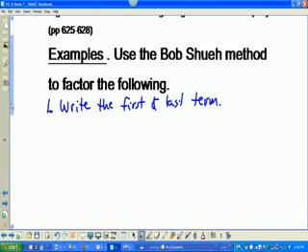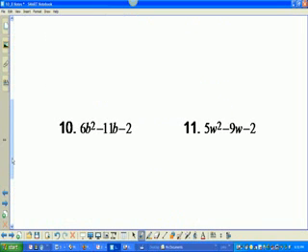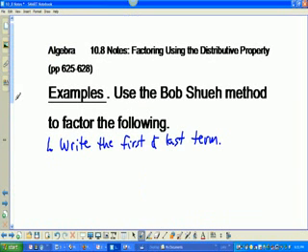So if I take a look here at example 10, we will do example 10 using the Bob Schue method and show you how we can do that. Of course, we always look for the common factor, but there is no common factor. So I write down 6b squared, and then I write down the last term, which is negative 2.